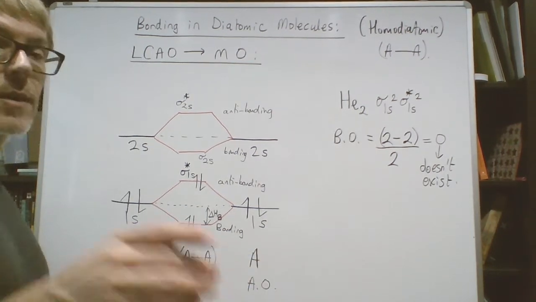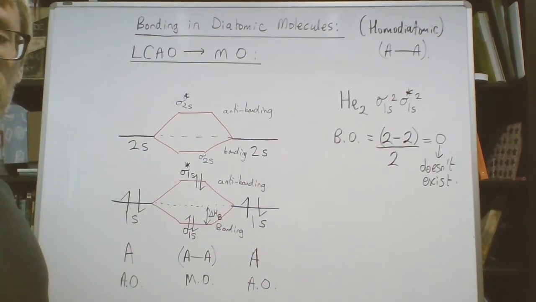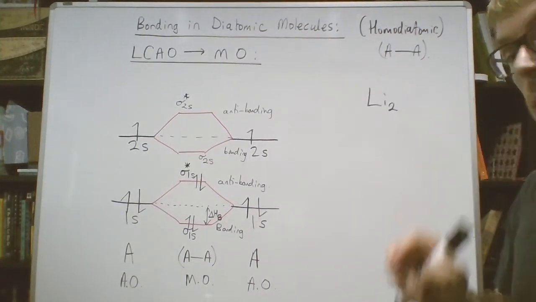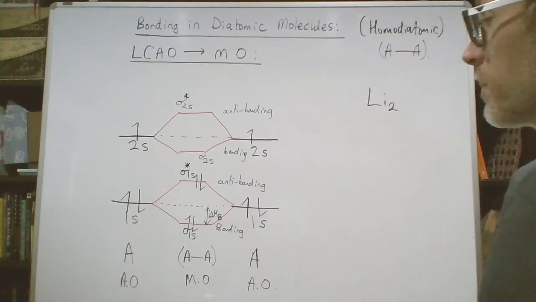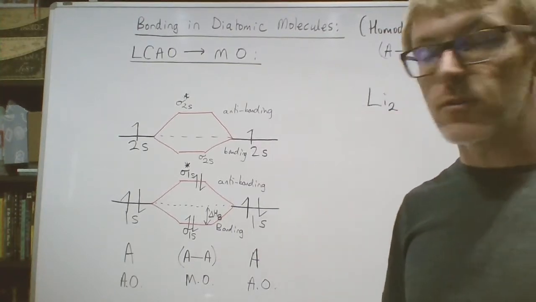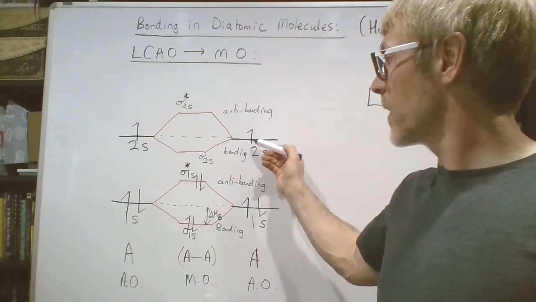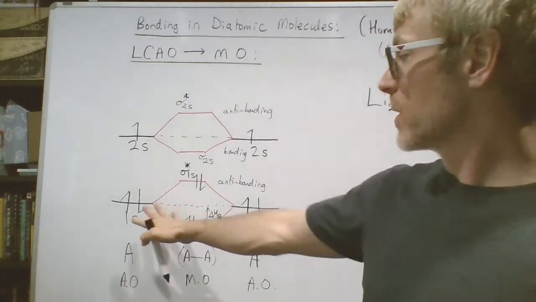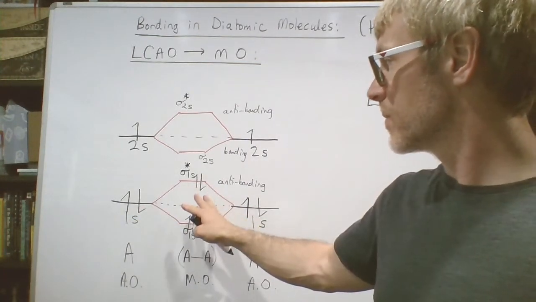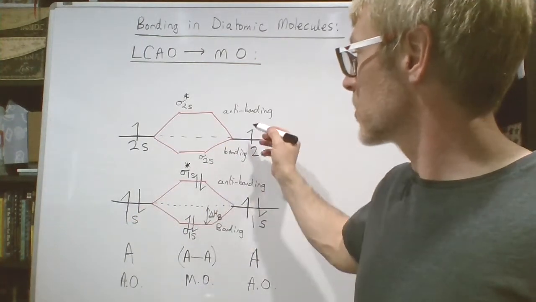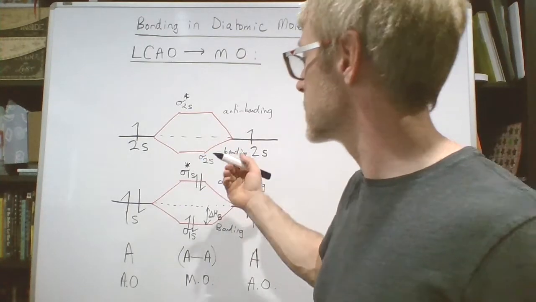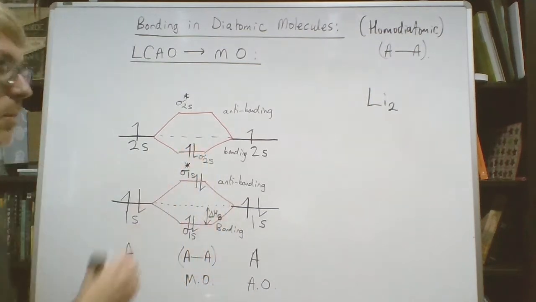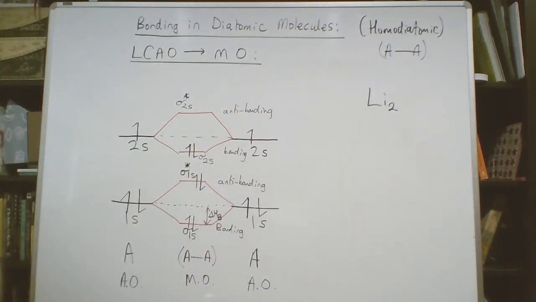So to look at dilithium, I'm going to clear this up a little bit, and then we'll add one more electron each side. Okay, so to look at dilithium, we know that lithium has 3 electrons total, so I've added the valence electron of lithium to its 2s atomic orbital. So I'm already done with these core electrons. Now I just have to look at the valence electrons. They both funnel down into the sigma 2s orbital. They line up anti-parallel according to Pauli exclusion.